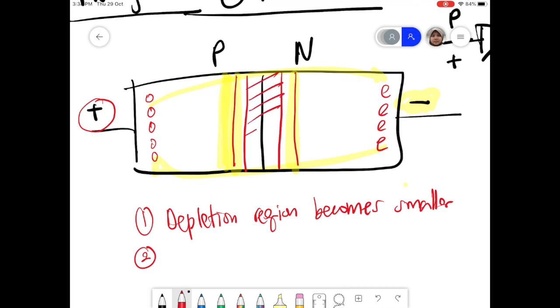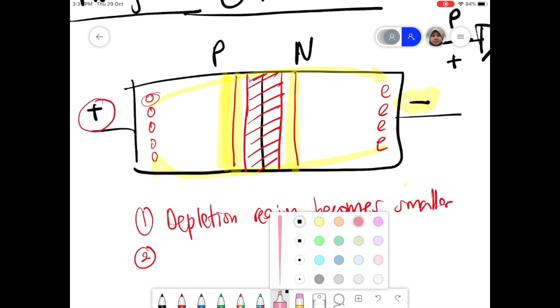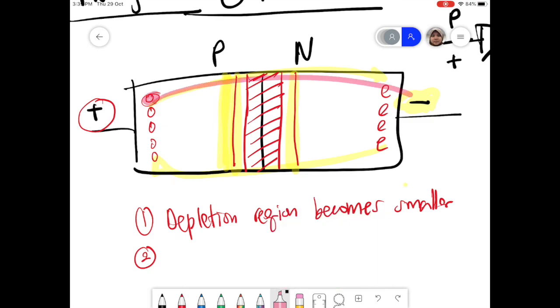This is the one that I colored here as the new depletion region. Once the depletion region becomes smaller, because these are majority carriers, the majority carriers are able to flow. Majority carrier holes can go to the negative, majority carrier electrons can go to the positive. From high concentration to low concentration, therefore you have a lot of diffusion current.